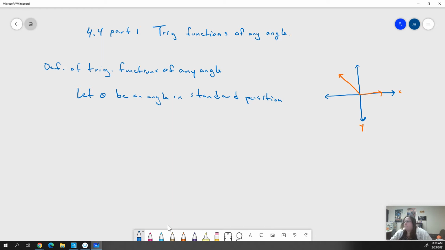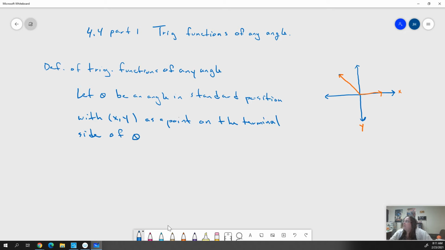With x, y as a point on the terminal side of theta. What does that mean?